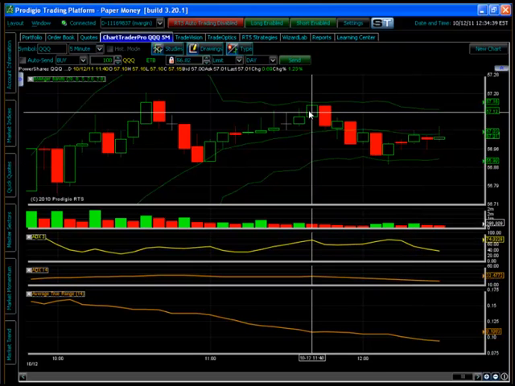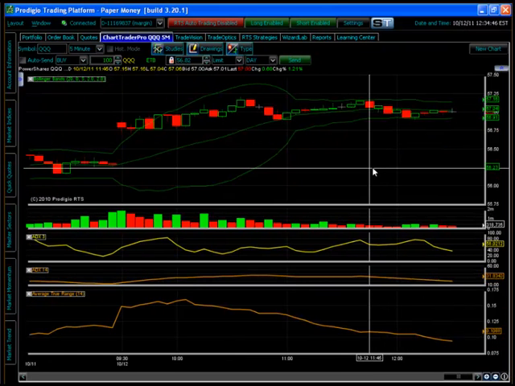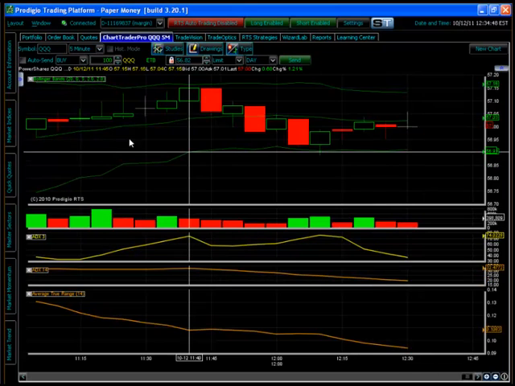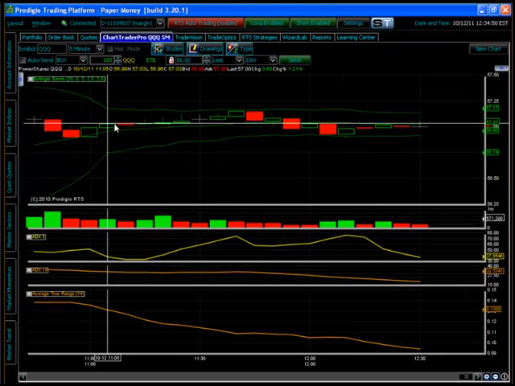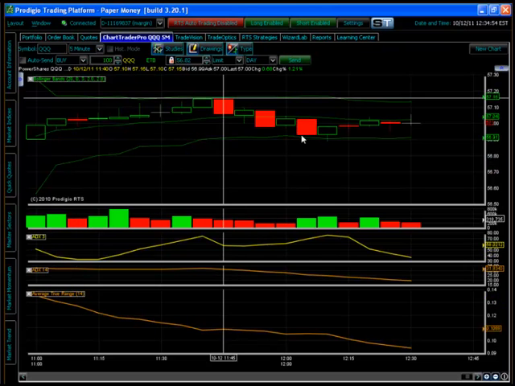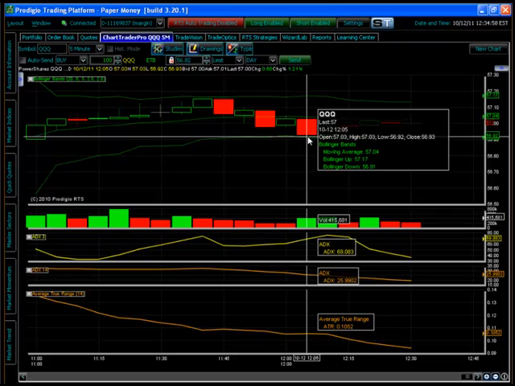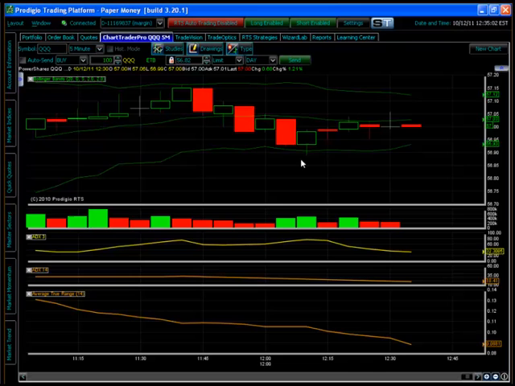Not only to scalp intraday trades, but also to give yourself favorable entry points in your swing and investment trading. If I knew by 11 o'clock in the morning that I wanted to buy the Qs, I could study the movement, and I could make a decision by around 12:05 to pull the trigger, because I'm at the lower end of my Bollinger Band.